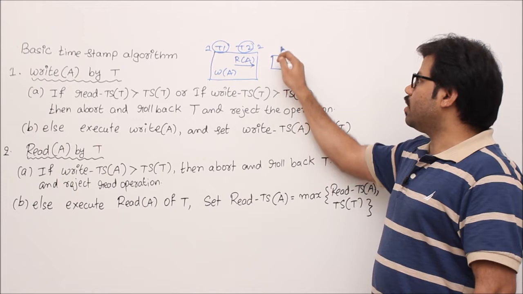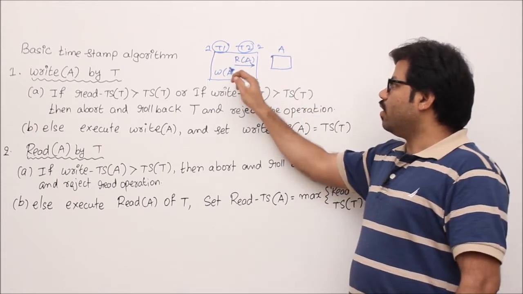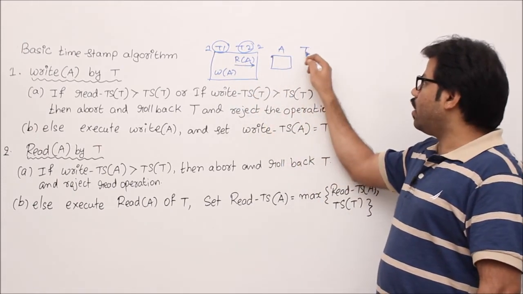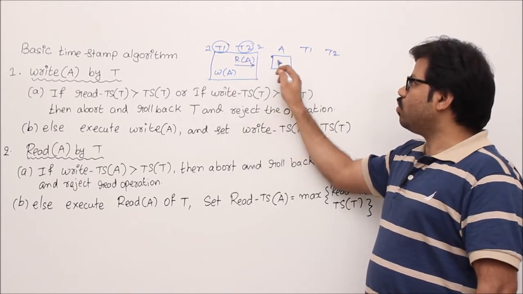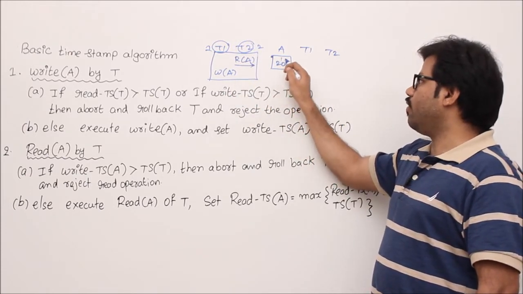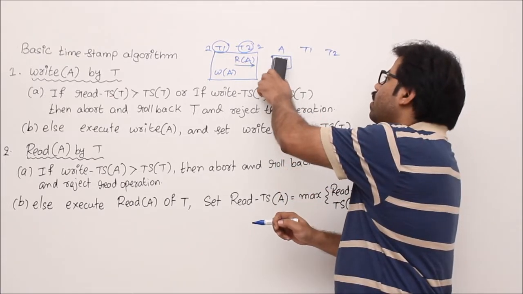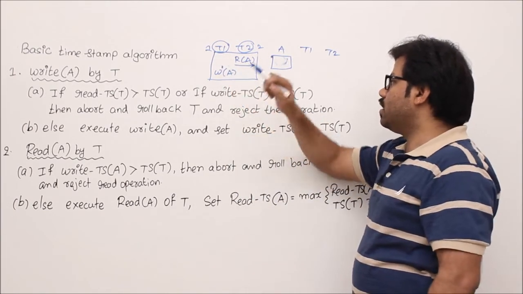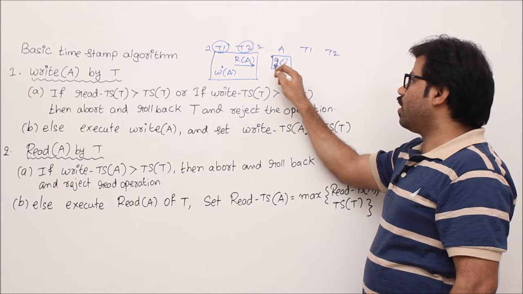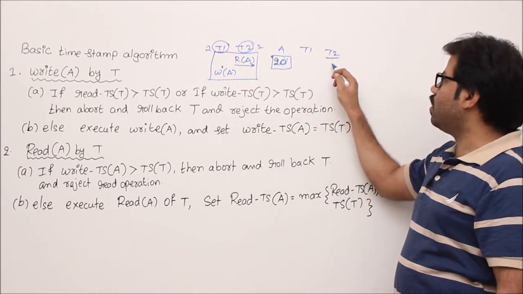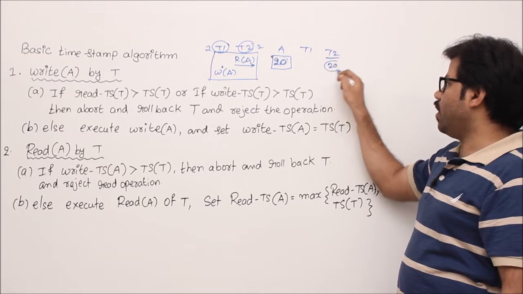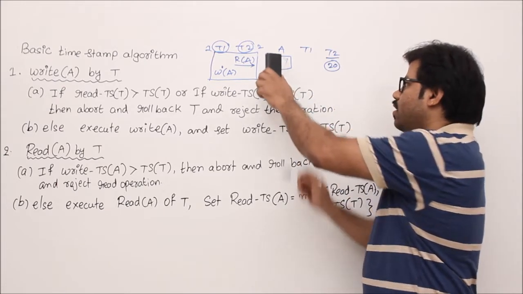This is database item A, and the timestamp ordering is T1 then T2. T1 has to modify this data first, initially with value 10, let's say, and then A will become 20, correct? After that T2 reads, so T2 is reading 20, remember it, but the initial data was 10.